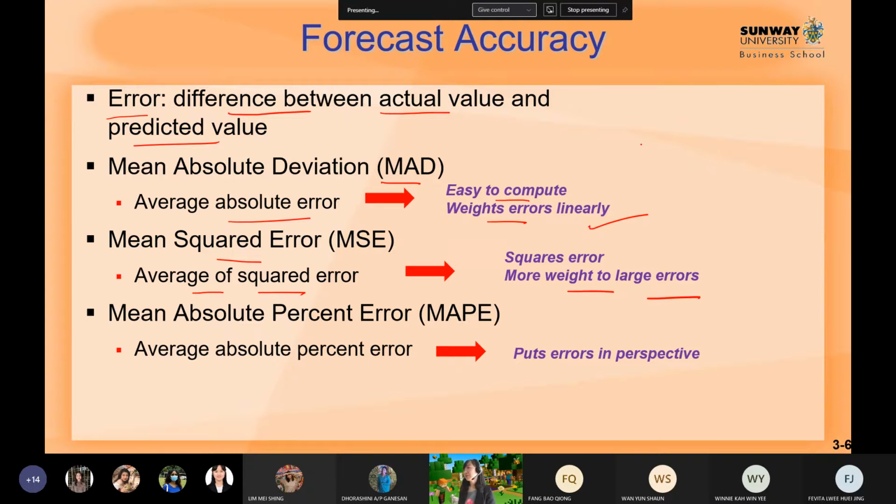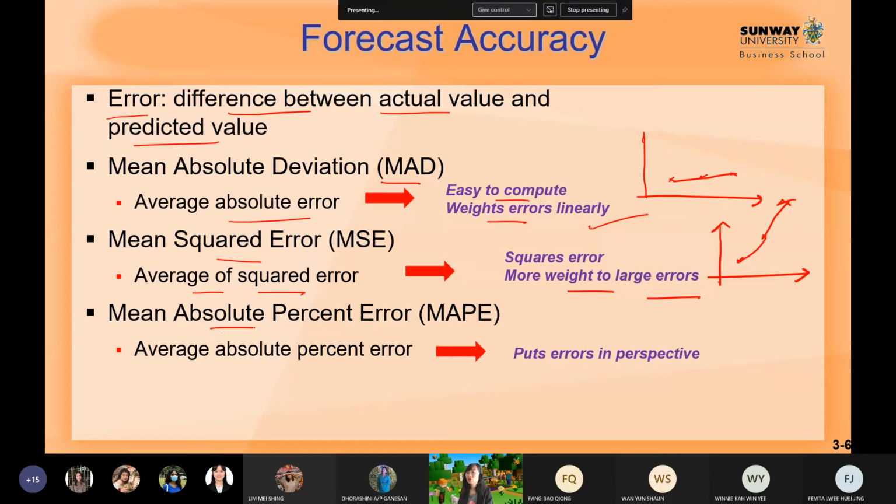I'll give an example. If your figures are only 1, 2, 3, just a small difference, but if you square them, the number will have a bigger jump. Then you can see the differences in the squared error. Do you know what square is or not?